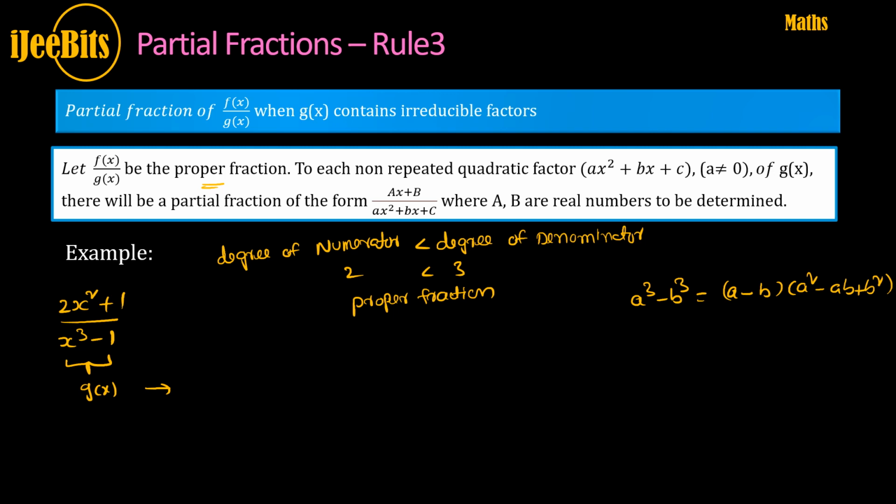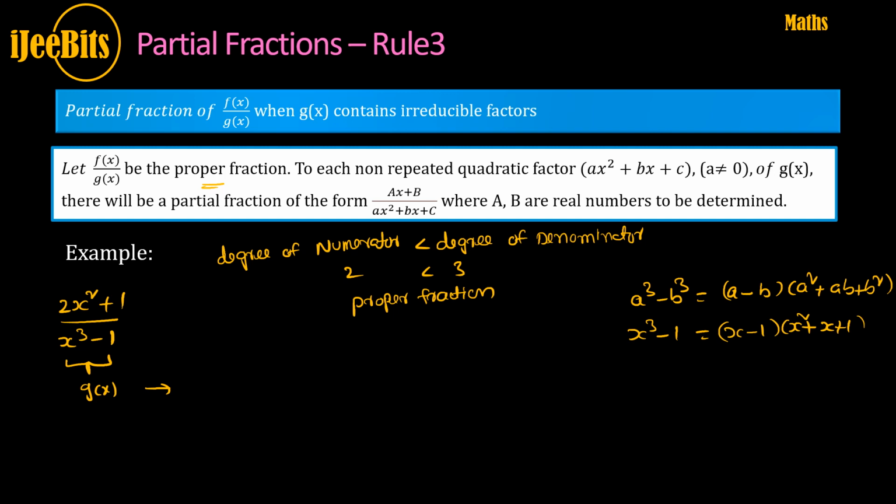Is it correct? Or a plus b here. So now how do you expand this? x cube minus 1 can be written as x minus 1 into x square plus x plus 1. This is how you can write it.